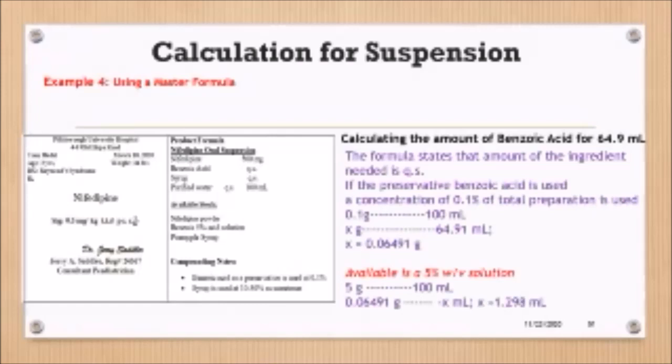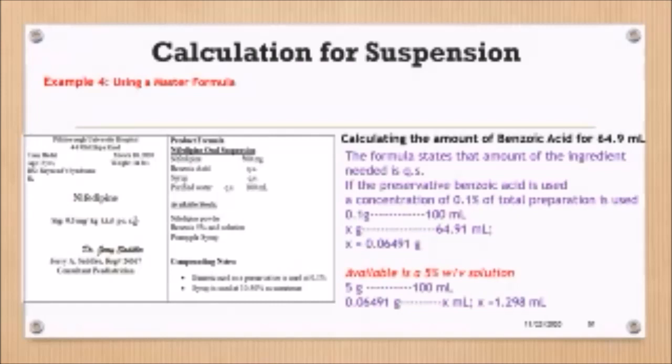We determine that if 0.1 is in 100, then the amount in 64.9 would be 0.0649 grams. Sorry, grams, not milligrams. And because we are not using the pure powder, we have to determine how much of the stock will furnish that amount of benzoic acid.